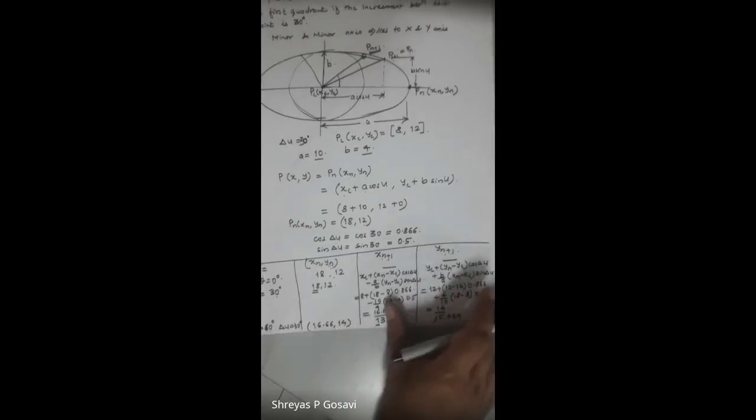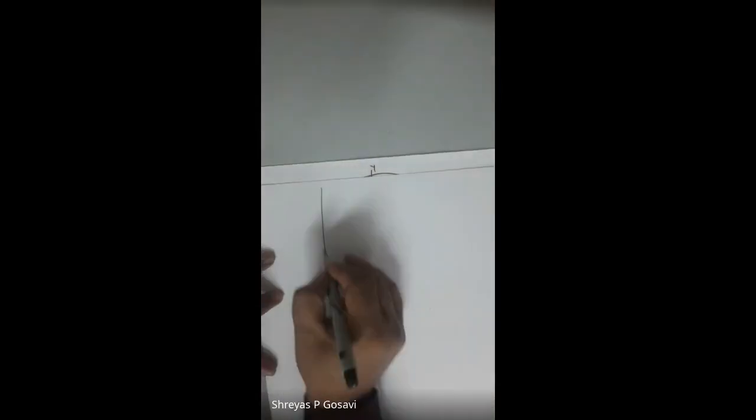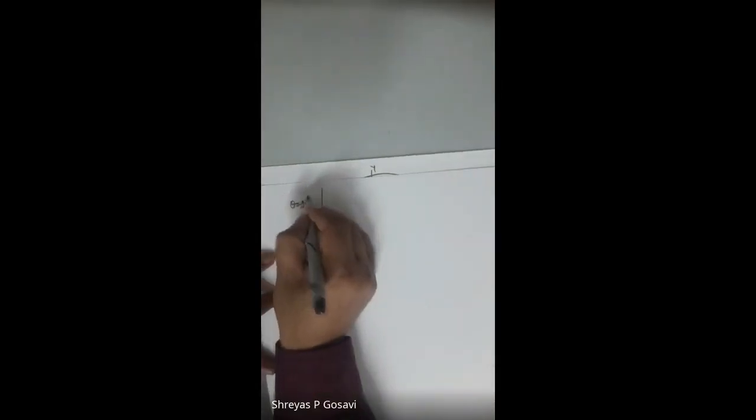Okay, so we'll have to iterate one more time, that is for theta equal to 90 degrees. Now for theta equal to 90, xn will be 13 and yn will be equal to 15.464. Okay, so I'll write it over here. That is for angular orientation equal to 90 degrees.